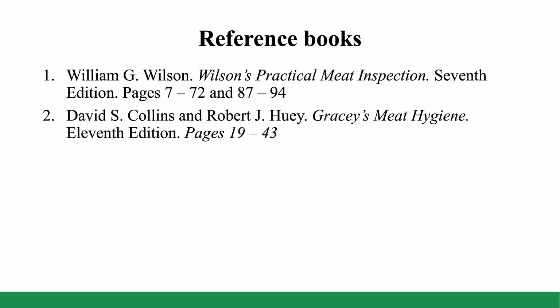And also a book titled Grace Meat Hygiene, written by David. You could also go through pages 19 and 43. And I really encourage you to read these books, because I'm going to use these books to prepare MCQ questions for you. So don't take them for granted.